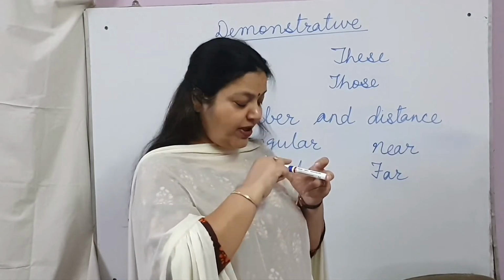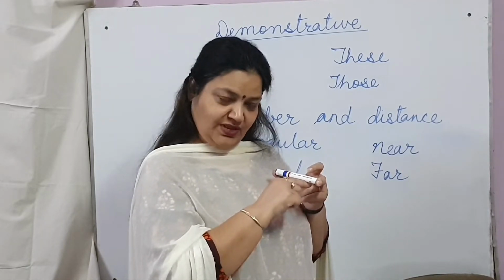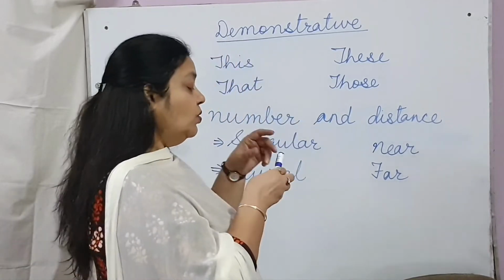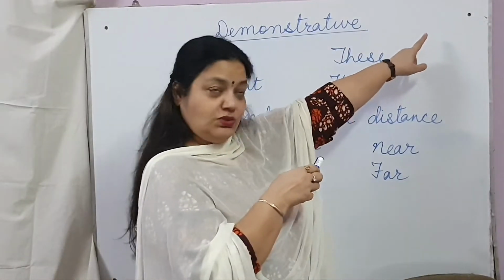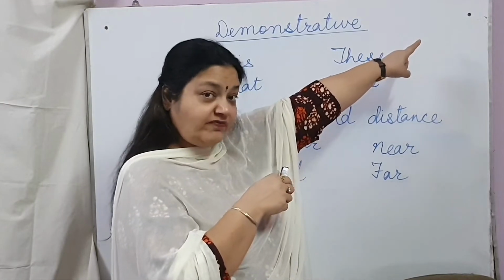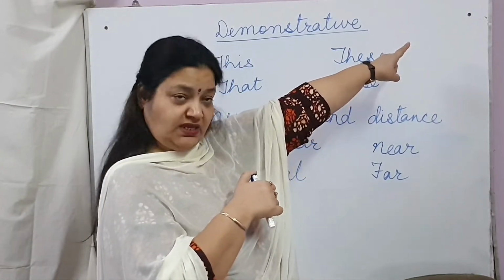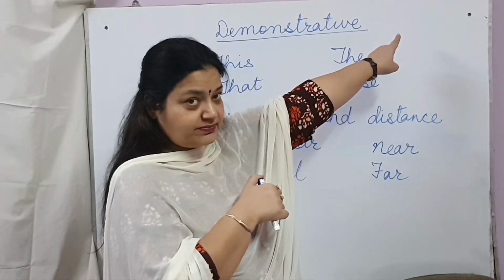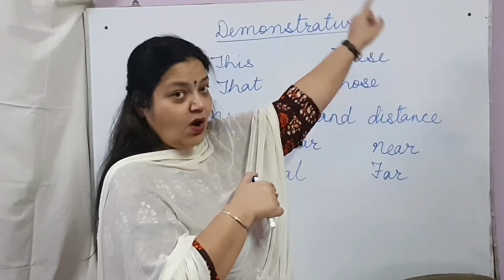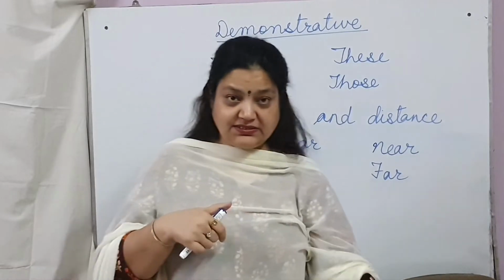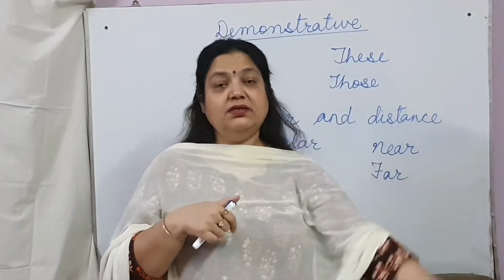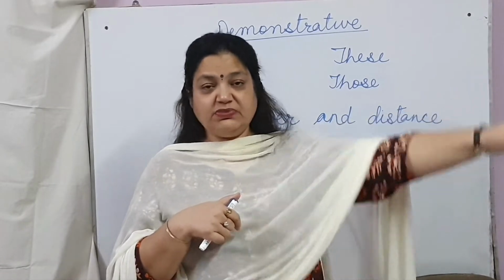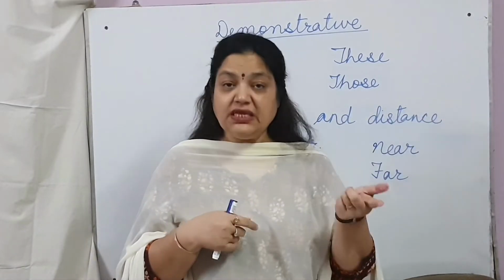So I'm showing you by pointing like this. Or when I say those, I'm pointing towards something which is far away from me. So I'm using those. Or that tape, which is something far from me.